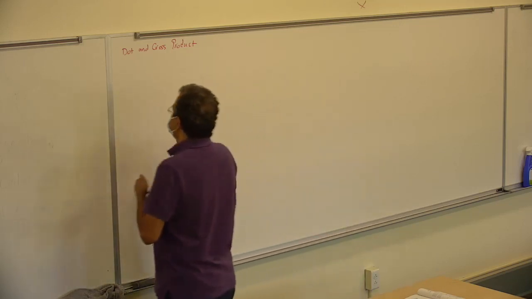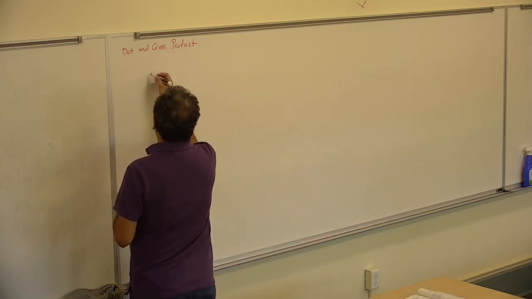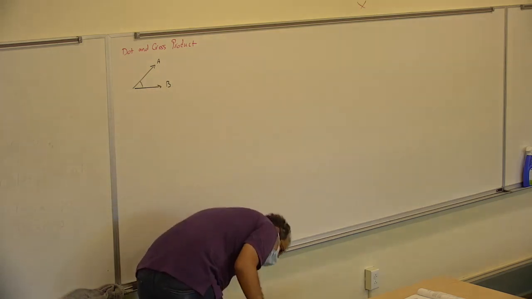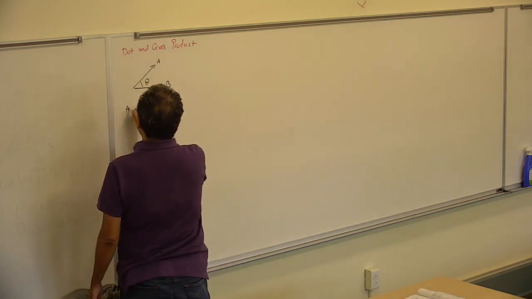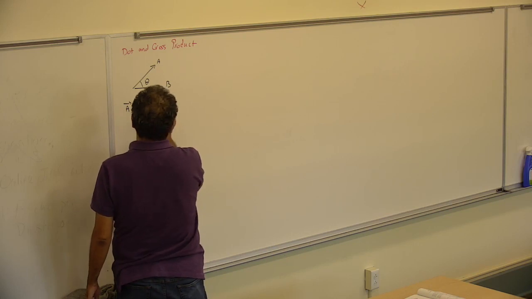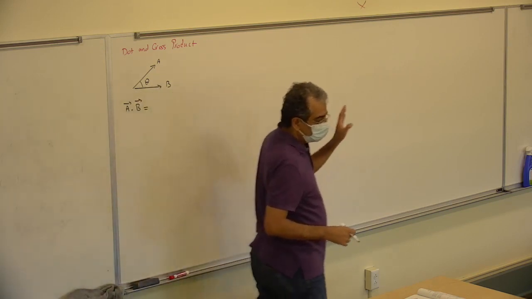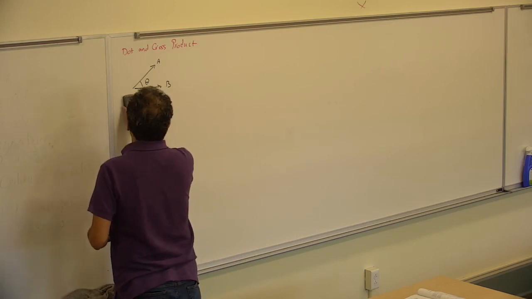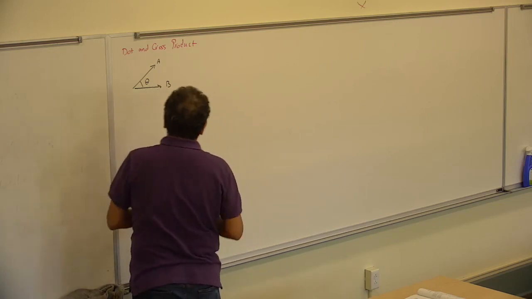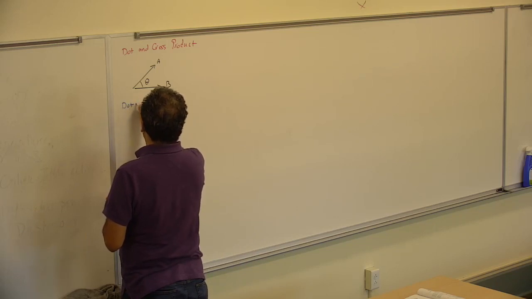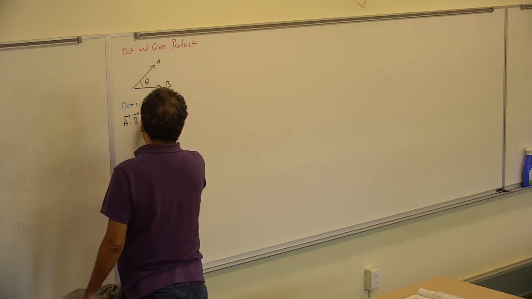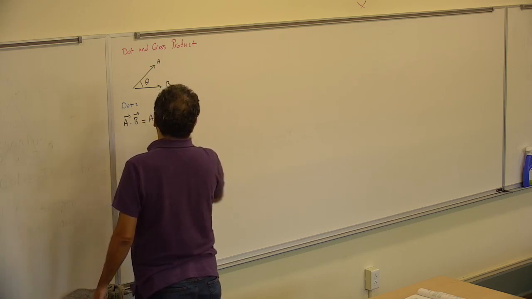If I have two vectors A and B, and there's theta between them, the dot product A dot B was the magnitude of the first one, the magnitude of the second one, and the cosine between them: A B cosine theta.